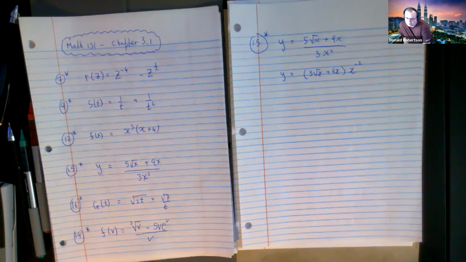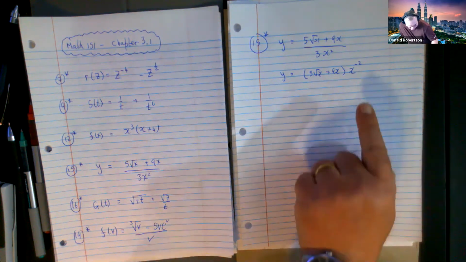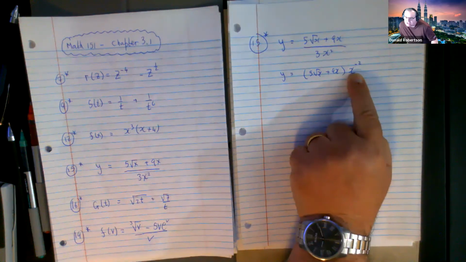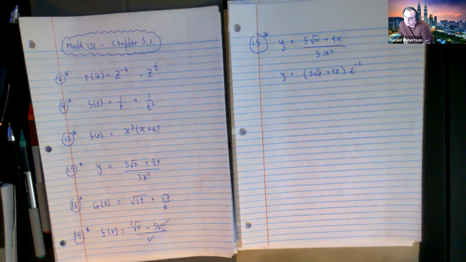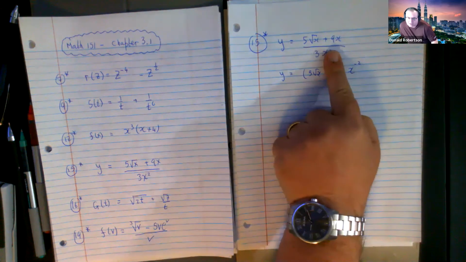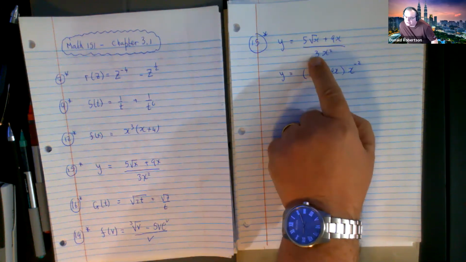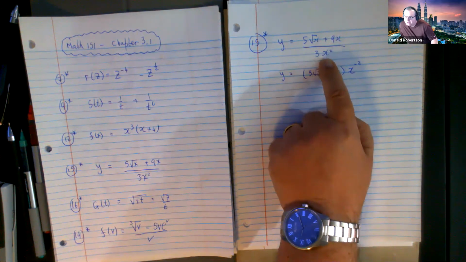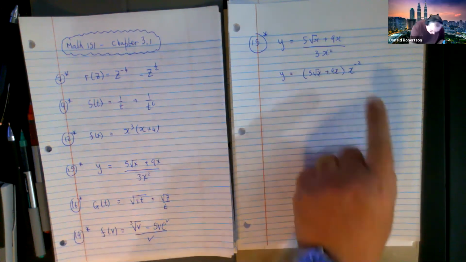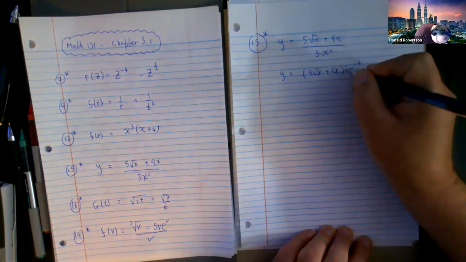And a lot of people think that that means this is 3x to the negative 2, but it's not. If you cover up that x squared, isn't that 3 essentially a third? It's a 3 on the bottom. And algebraically, a lot of people make that mistake. They think that this 3 and this x are stuck together with super glue, and if you move the x, you have to move the 3. It's not actually the case.